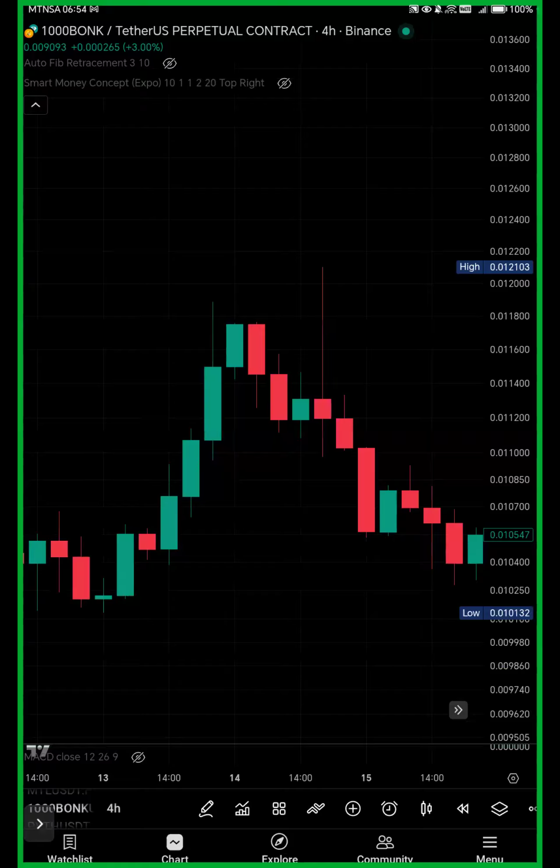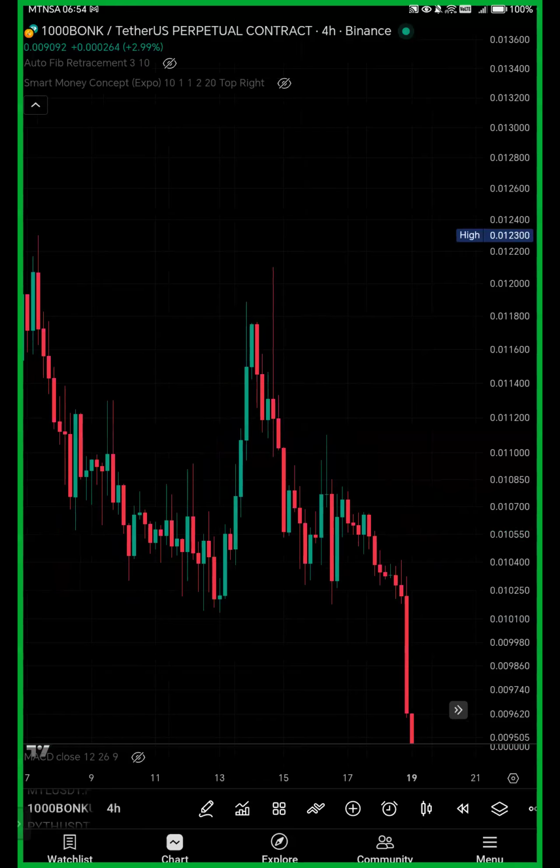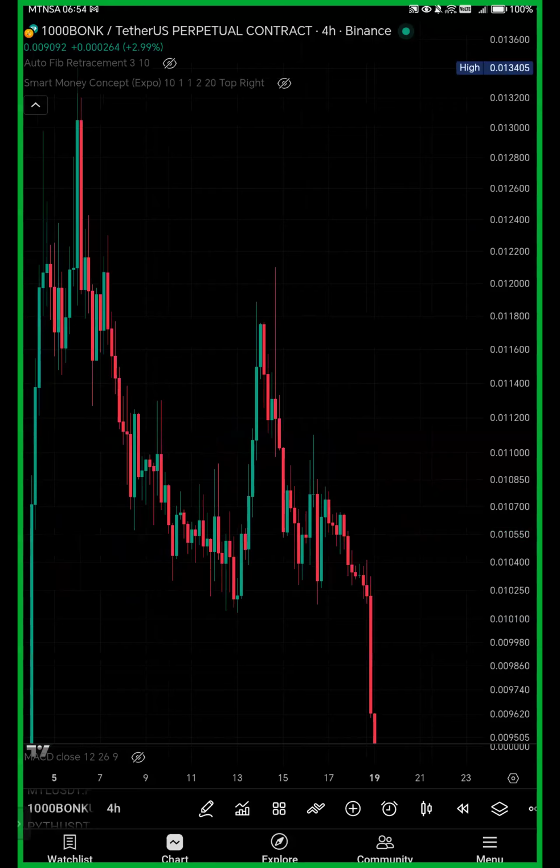It went up to that level. So when you see, at the top of the mountain, candles with long upper shadows, it is telling you that buyers are failing to maintain or contain the price there at the top. As a result, sellers are coming in to push the price to the bottom.